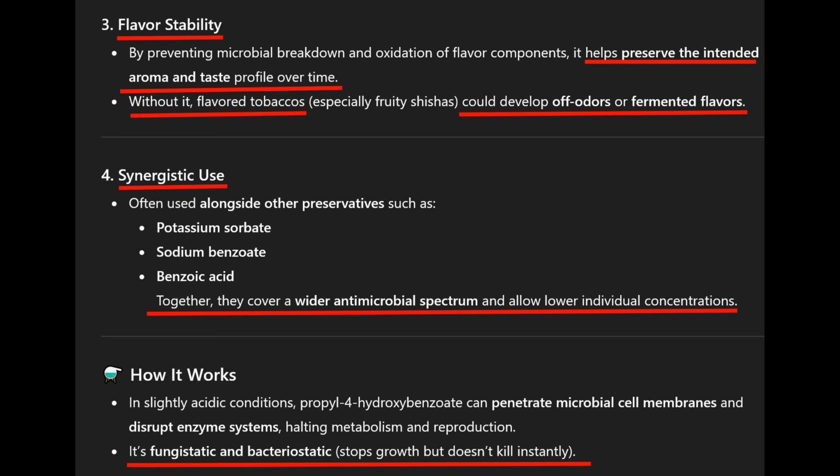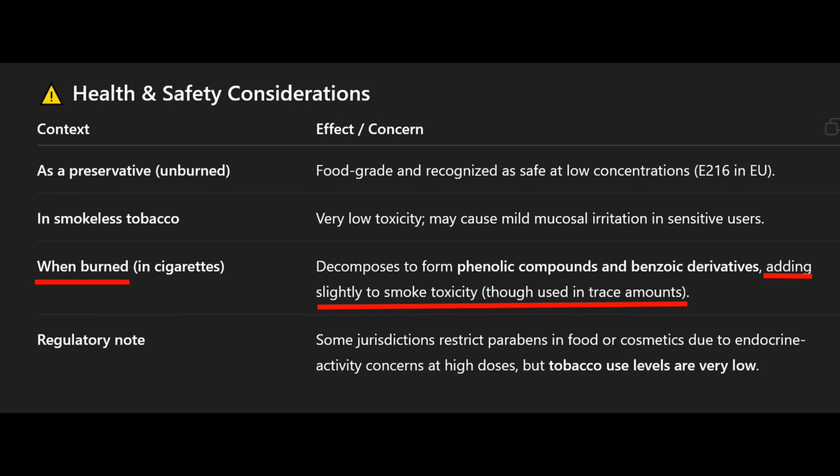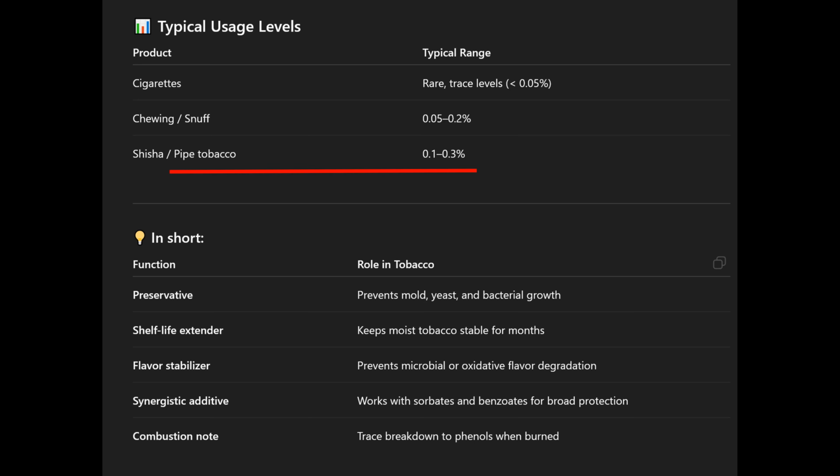Stops growth but doesn't kill instantly. Again, some health and safety considerations when burned, because we're interested in when it is burned: adding slightly to smoke toxicity, though used in trace amounts. Next, we have the typical usage levels in pipe tobacco, it says 0.1 to 0.3%. And that is it.